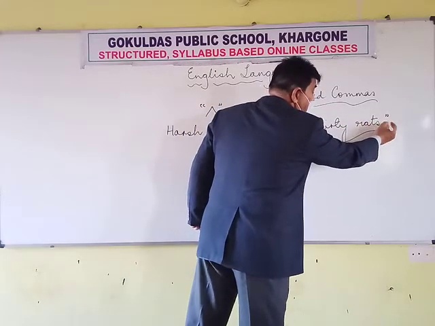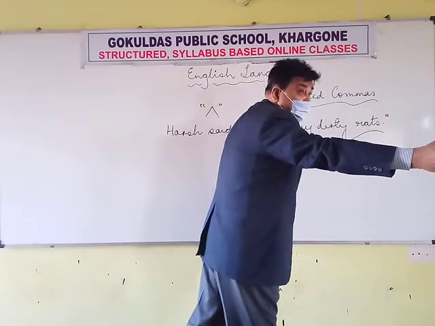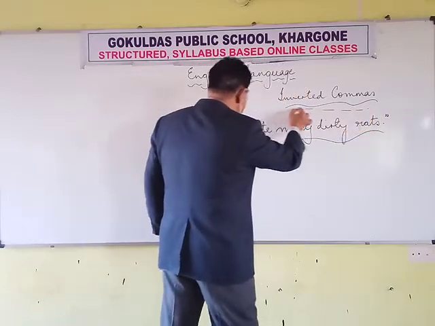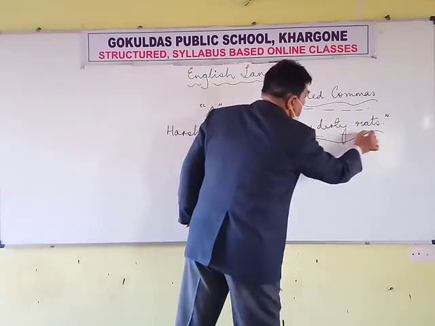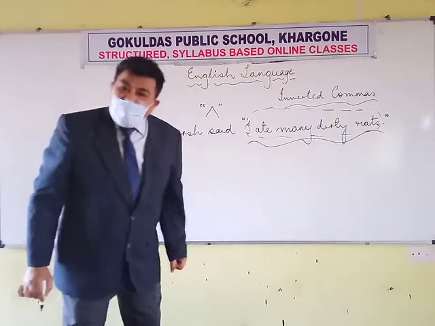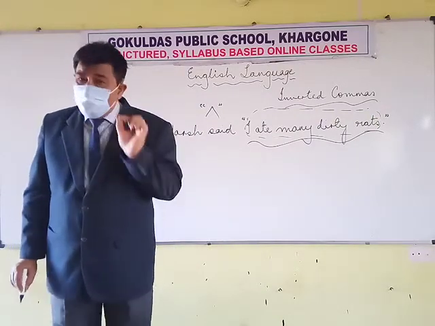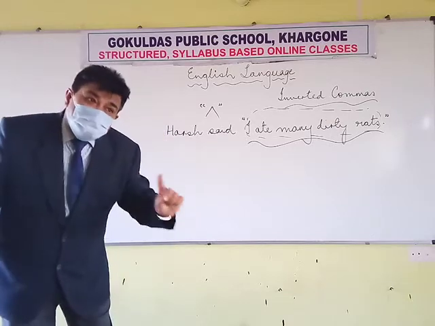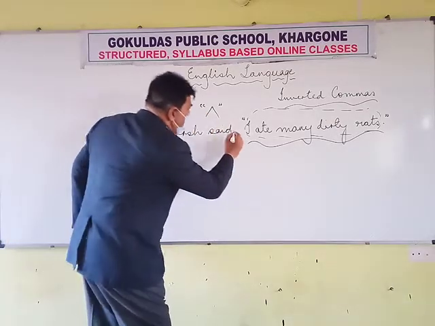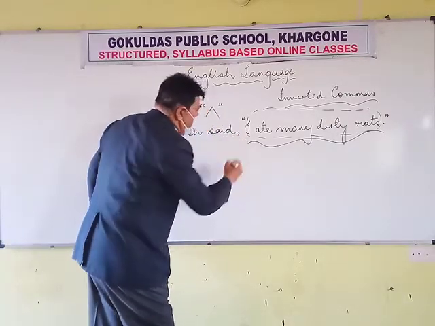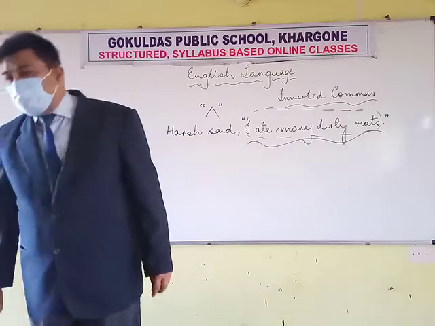Now remember, they will come after the full stop. This is exactly what was said. Exact spoken words are always within inverted commas. And before the inverted comma, there will always be a comma.